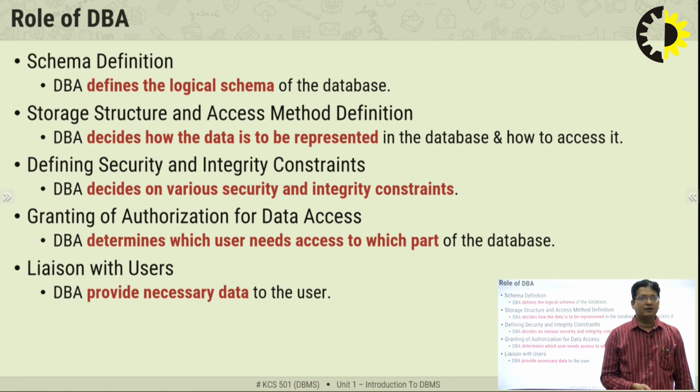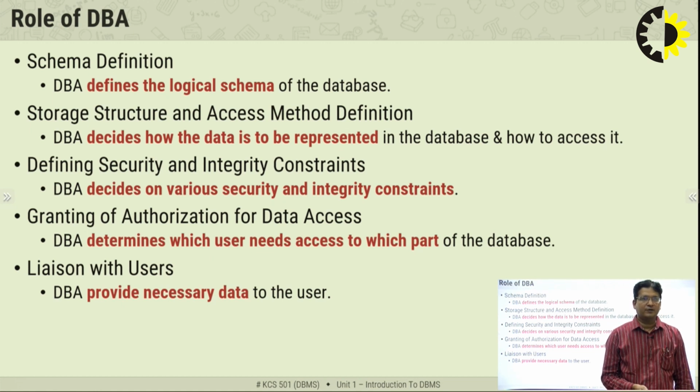Second, he decides how the data is to be represented in the database system, that is, what data storage structure will be used, what access method will be used. He defines all the security mechanisms and the integrity constraints. Integrity constraints may be related to the primary key or the foreign key.